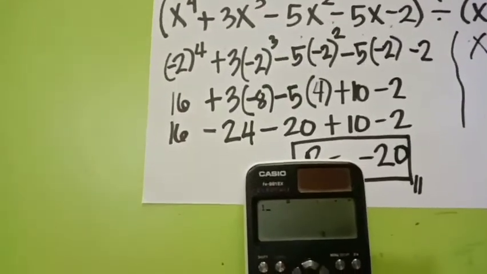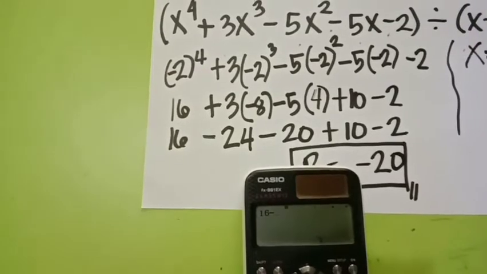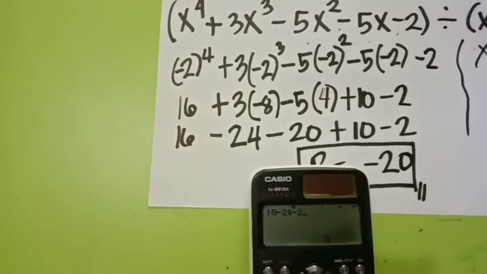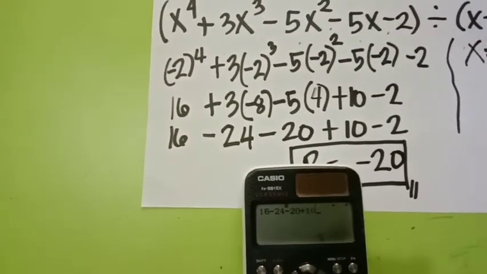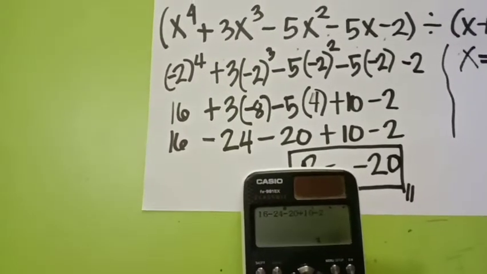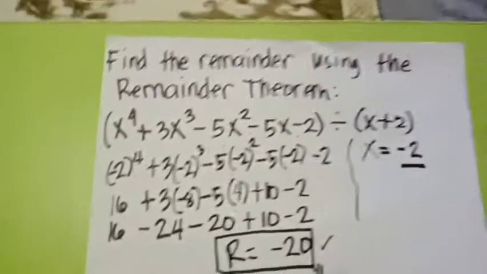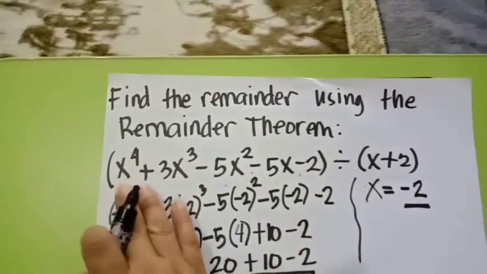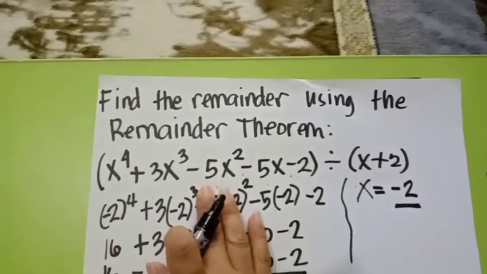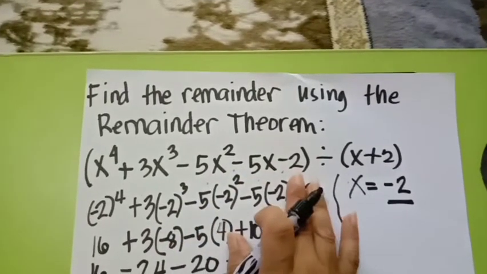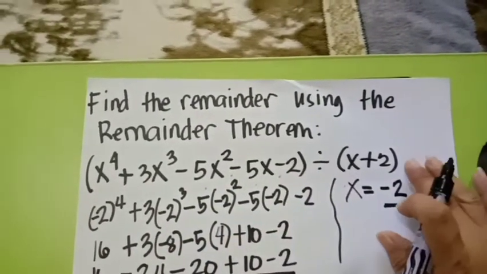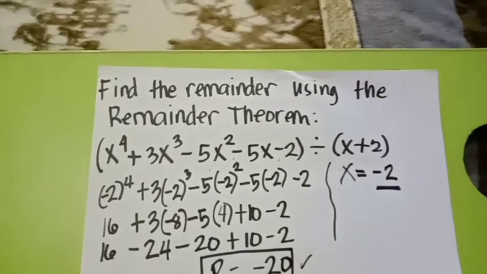So, 16 minus 24 minus 20 plus 10 minus 2. The answer is negative 20. So, if you divide x raised to 4 plus 3x cubed minus 5x squared minus 5x minus 2 by x plus 2, the remainder is negative 20.